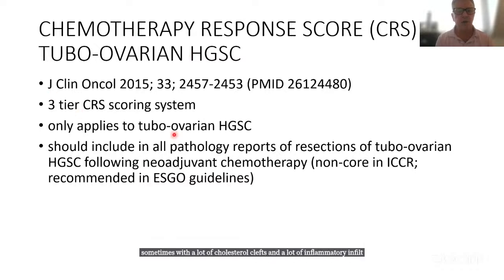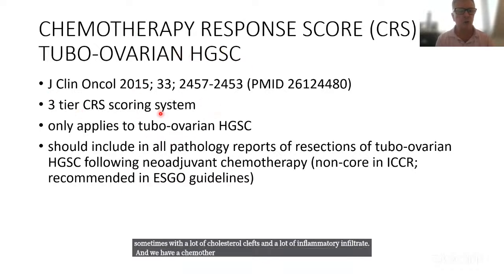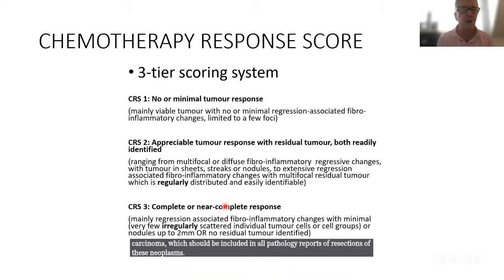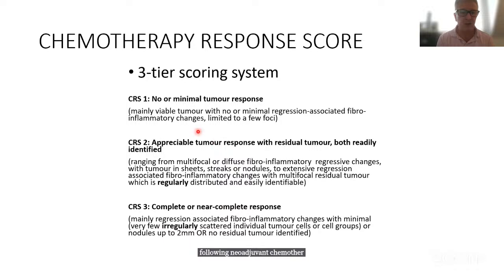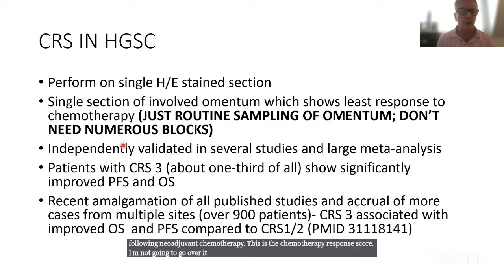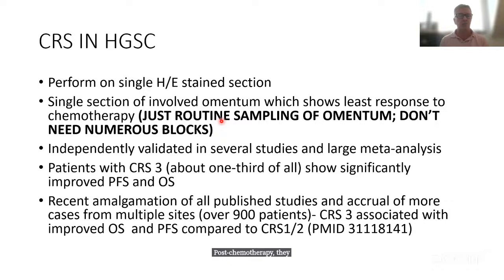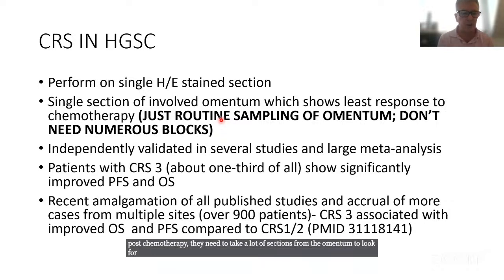And we have a chemotherapy response score for tubal ovarian high-grade serous carcinoma, which should be included in all pathology reports of resections of these neoplasms following neoadjuvant chemotherapy. This is the chemotherapy response score. I'm not going to go over it in detail, but really what I want to mention is that some dissectors think post-chemotherapy, they need to take a lot of sections from the omentum to look for these microscopic foci of tumor.